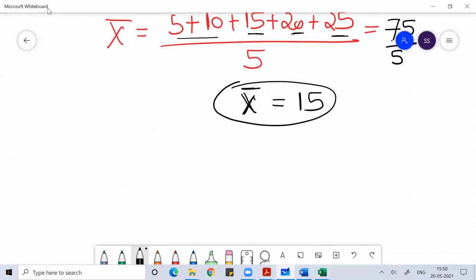Now with the same kind of data, when you have 2, 3, 4 or 10 data, you can do the sum and divide by the number, and you will get the value of arithmetic mean.